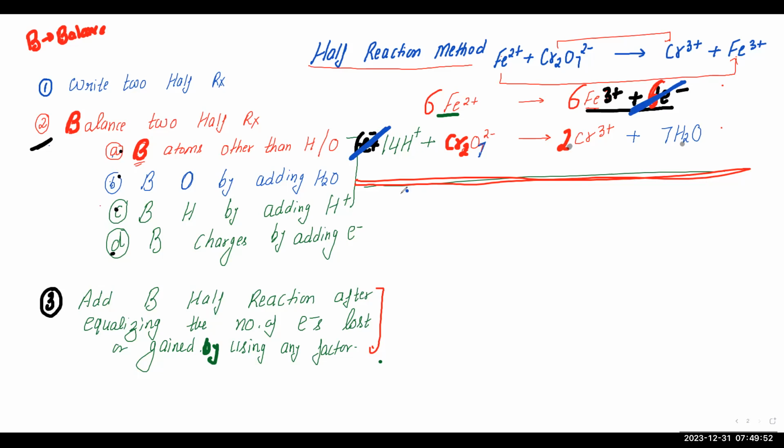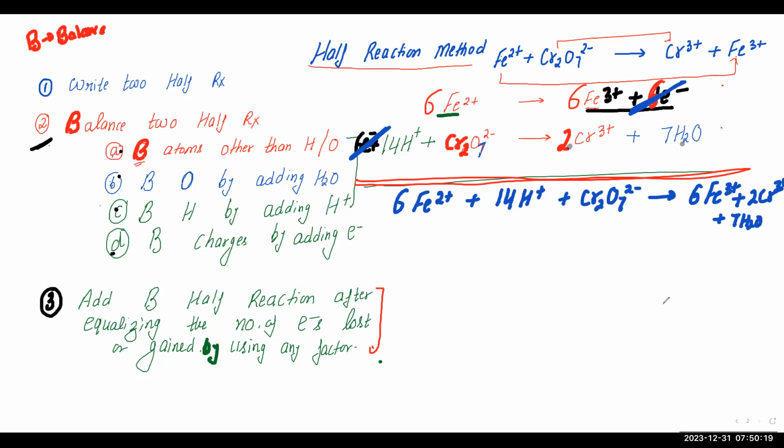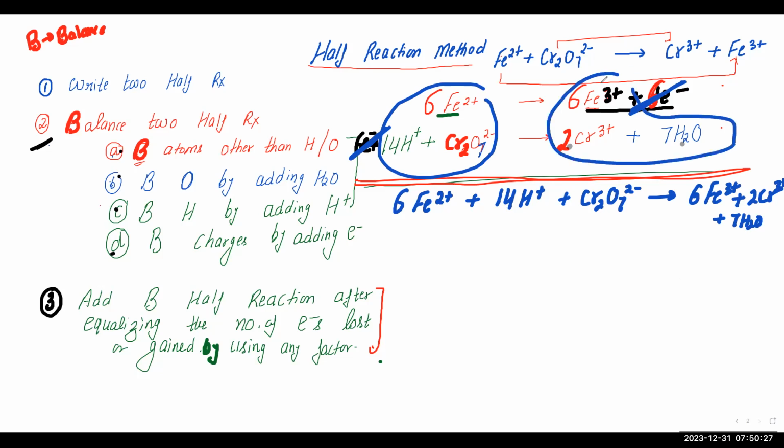So what is there now? 6 Fe2+, 14 H+, Cr2O7 2- giving you 6 Fe3+, 2 Cr3+, 7 H2O. That's the overall reaction, children. I just added the rest of the things. These are the reactants, all of them are here. This is the product, all of them are here. Electrons are missing because they cancelled out.